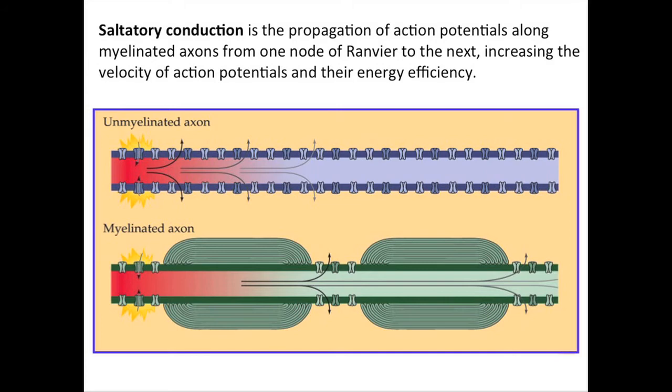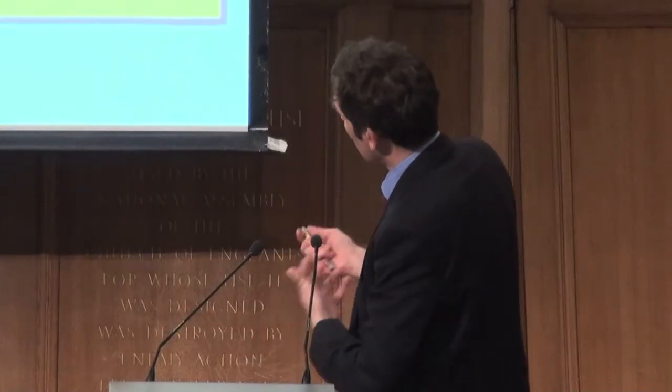It works like an insulator around nerve fibers. So that has 2 effects. One is the acceleration of the propagation of the impulse, and it's also much more energy efficient.